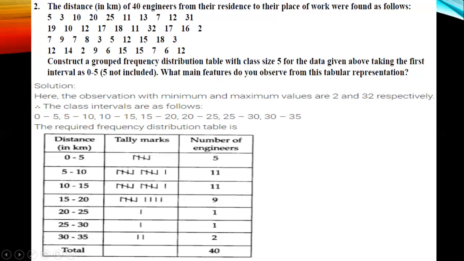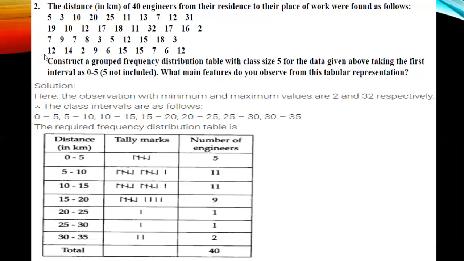So 0 to 5 becomes the first class, the next will be 5 to 10, the next 10 to 15, 15 to 20, 20 to 25, 25 to 30, and 30 to 35 will be the last class. Why is 30 to 35 the last class? Because the highest or the maximum value given in the data is 32. So that will surely come up in the class interval 30 to 35. Hence, we'll end up with the last class as 30 to 35.